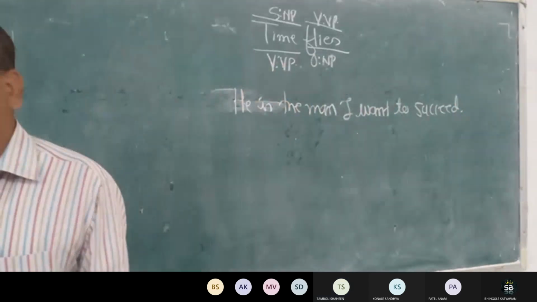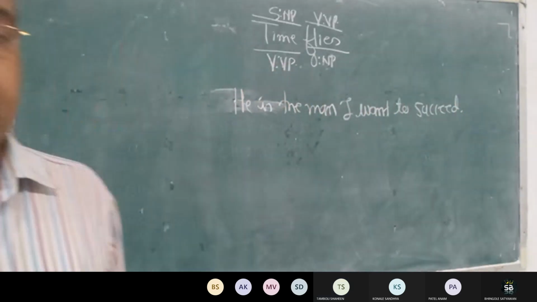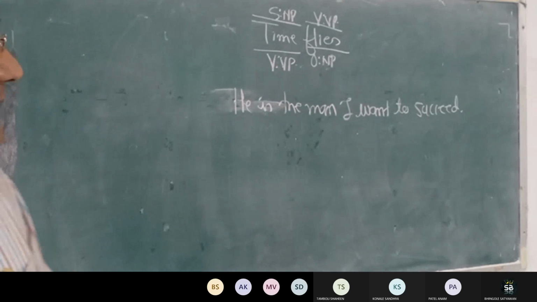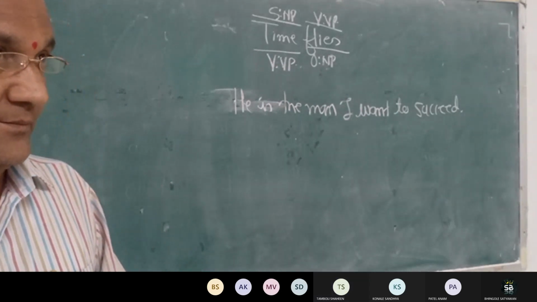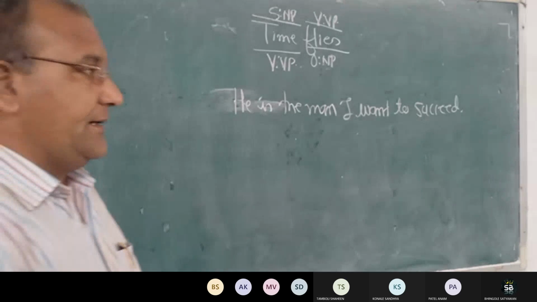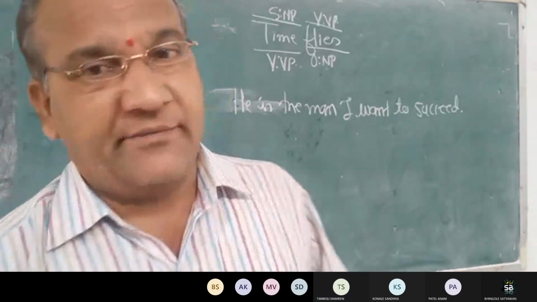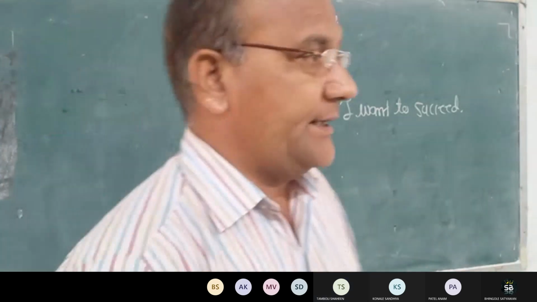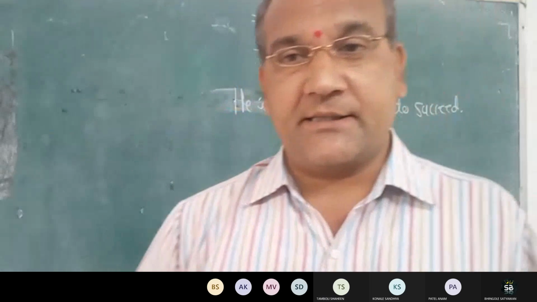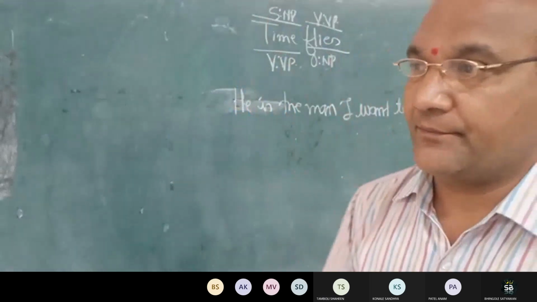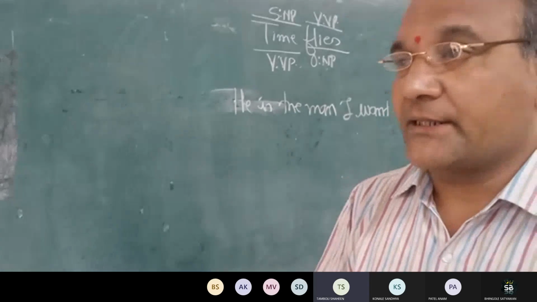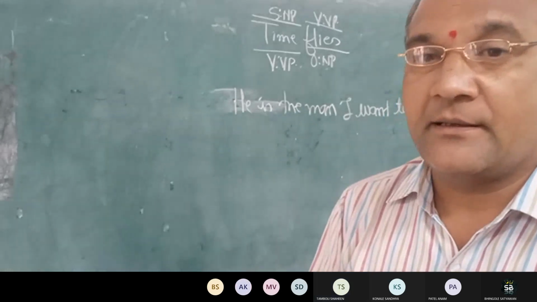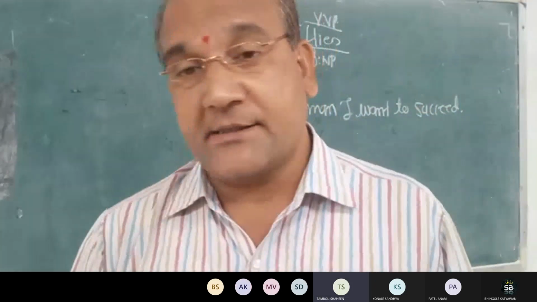He is the man I want to succeed. Quite difficult. Can you guess why the ambiguity arises? What type of ambiguity is this?